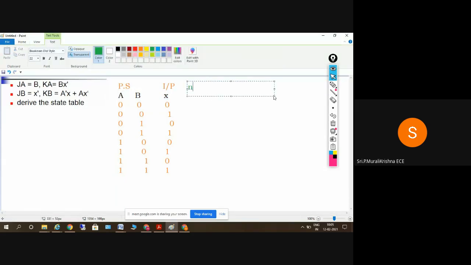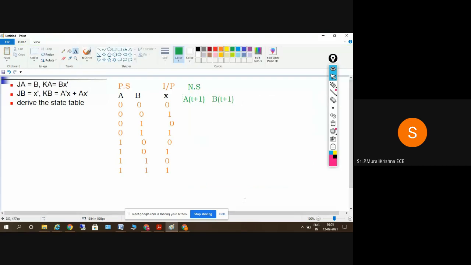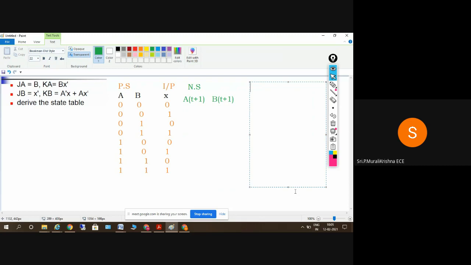This is next state. We don't know the values of A of t plus 1 and B of t plus 1, so we have to find them. For that, we'll take the help of flip-flop inputs. This is not part of the state table, but it is one of the methods to find the values of A of t plus 1 and B of t plus 1.